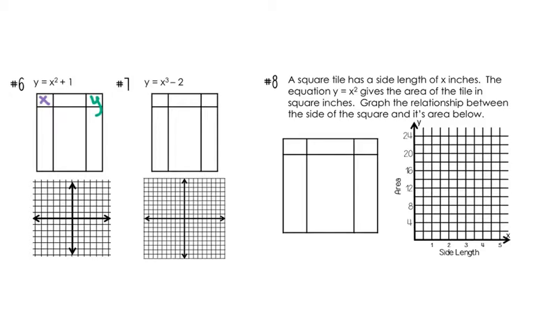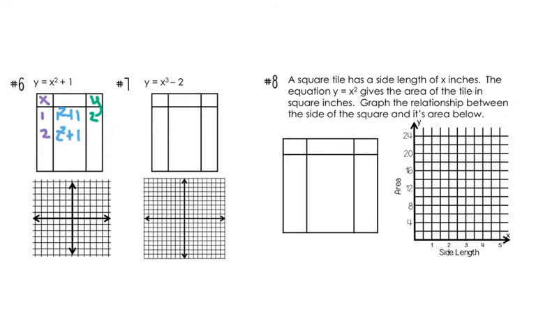Okay, so I'm going to start with 1. So 1 squared, to solve this, it would be 1 squared plus 1. 1 squared is 1, plus 1 is 2. So now I'm going to have 2 squared plus 1.